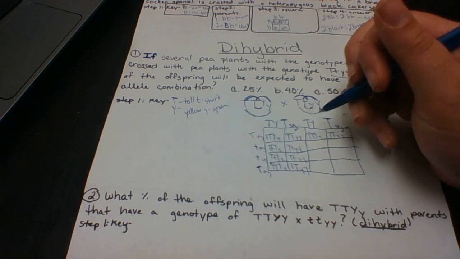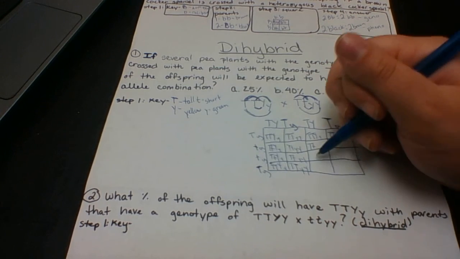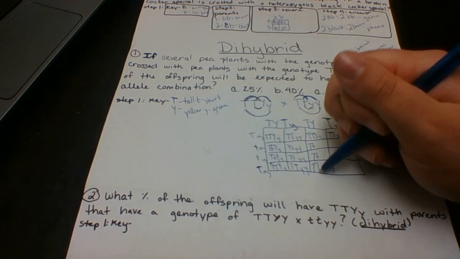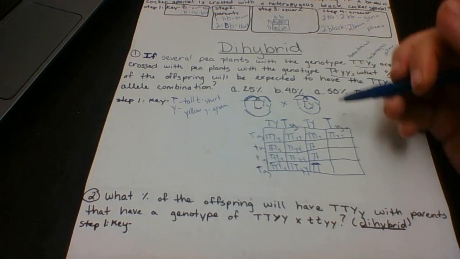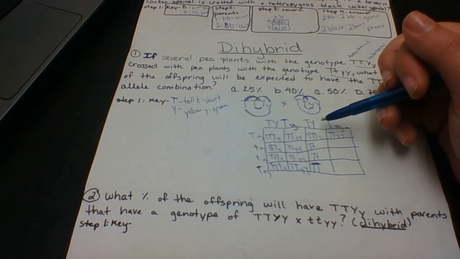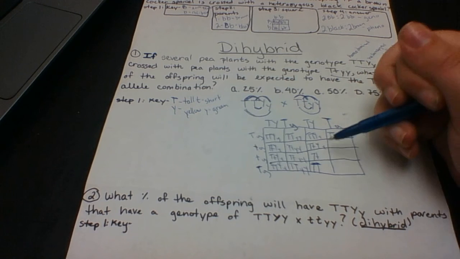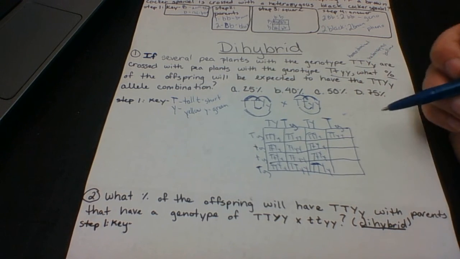We're almost done, don't give up. Big T, little t, big T, little t, big T, big T. These are two big T's. And then they're all heterozygous Y. Big Y, little y, heterozygous. Big Y, little y.